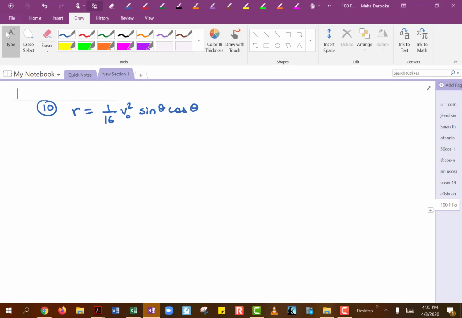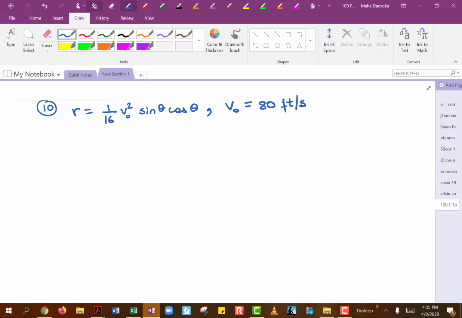Okay, so let's see. Our formula that's given to us is r equals 1 over 16 v sub 0 squared sine theta cosine theta, and then of course they are telling us that the initial velocity the ball was kicked at was 80 feet per second.